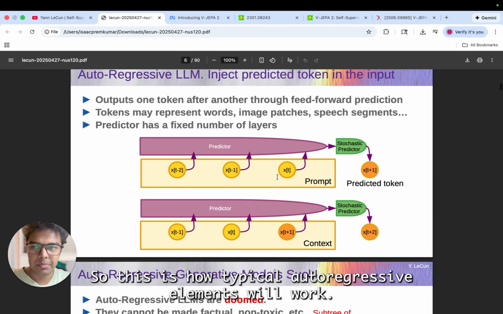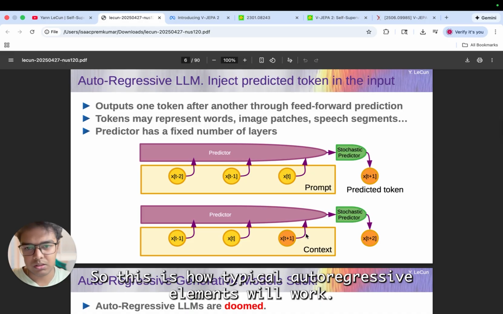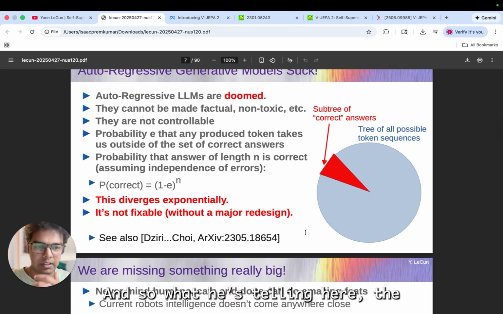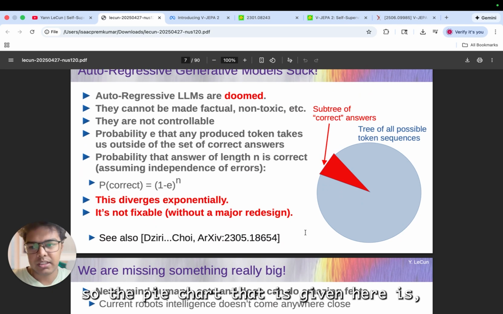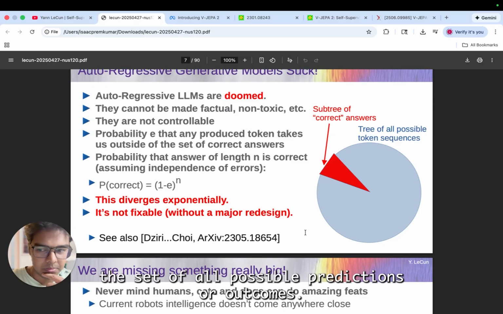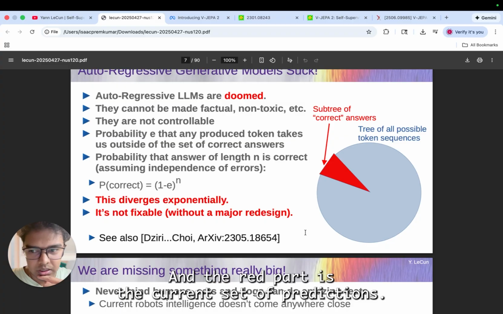So this is how typical autoregressive LLMs work, and I think we have covered that in the previous slide. What he's telling here, the pie chart that he's given here, is the set of all possible predictions or outcomes, and the red part is the correct set of predictions.